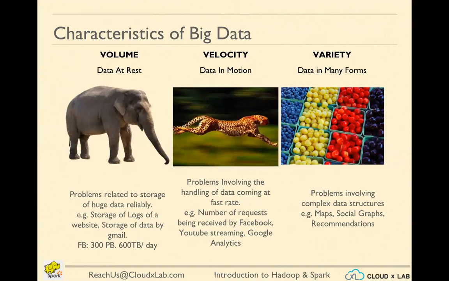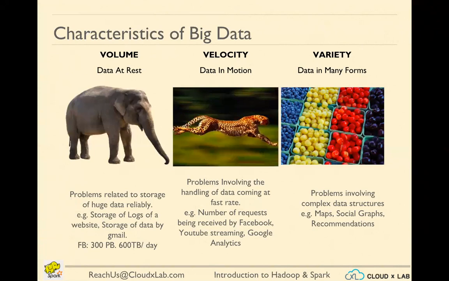Similarly, Google Analytics gets embedded into everybody's website because people want to analyze the traffic on their website. So they embed the Google Analytics URL, and that way Google is able to give you good analytics about your users. But Google Analytics as a product is receiving requests from almost every website on the planet, right?